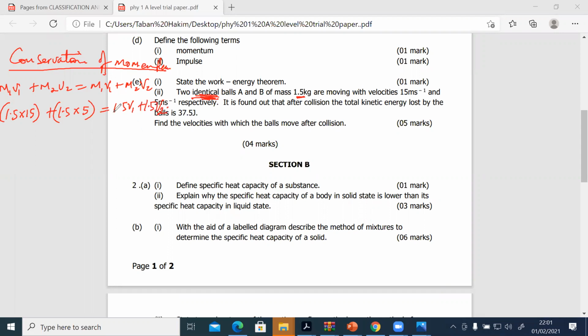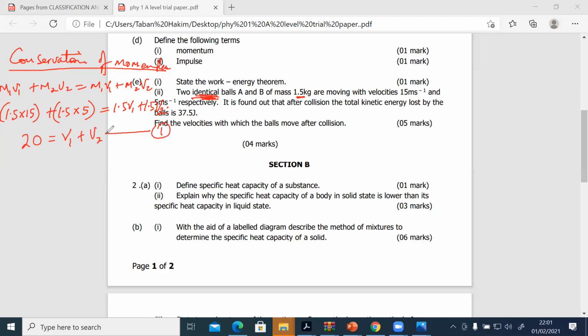So you can see that the 1.5 is going to be cancelling out, and we shall end up with 15 plus 5, which gives us 20, being equal to V1 plus V2. So this is our first equation.